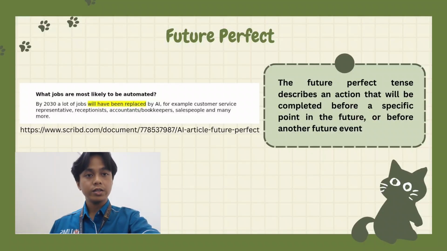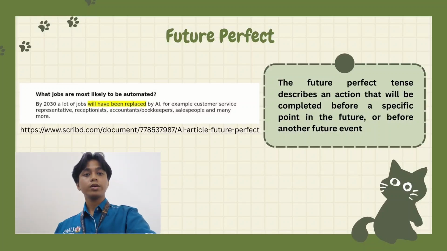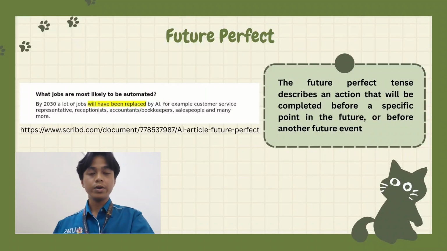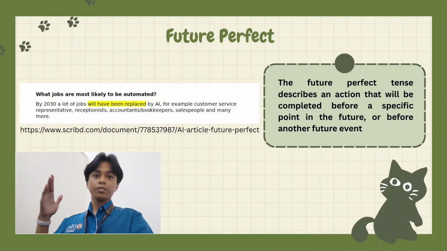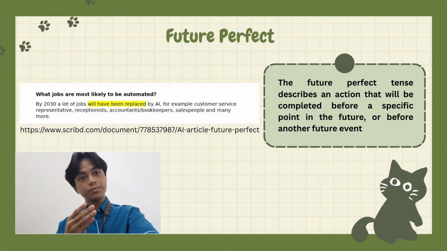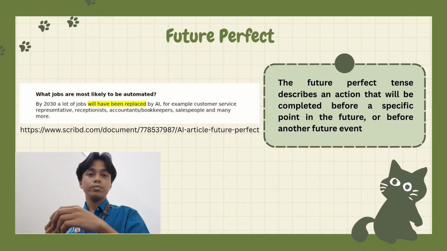Look at the example. Here, by 2030, a lot of jobs will have been replaced by AI. So here by 2030, 5 years from now, it mentions first about the time, and then we use will plus have plus been replaced.